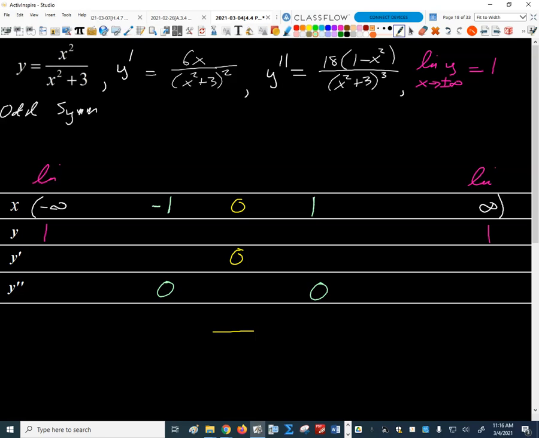What do I have to do on my table here? Say it again, Seth. Okay. Test points, like tell me specifically what x value should I plug into which derivative here?